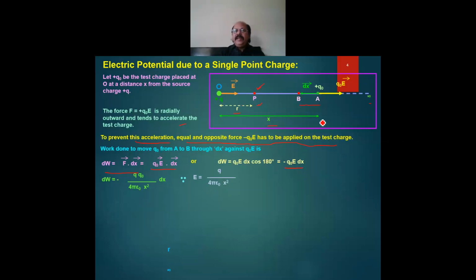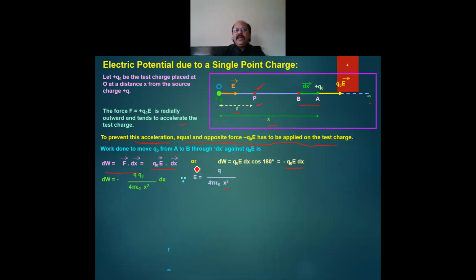Now you have to place the electric field intensity at point A. We already know that the electric field intensity at a point due to a single point charge is E equal to Q upon 4 pi epsilon naught r square, but here in place of r it is x square because the distance of the point A from plus Q charge is x.